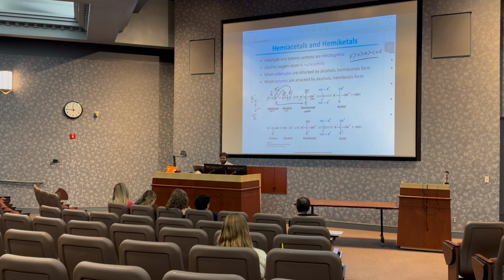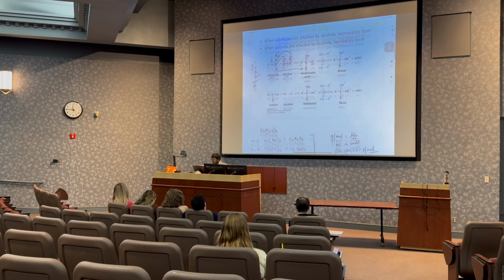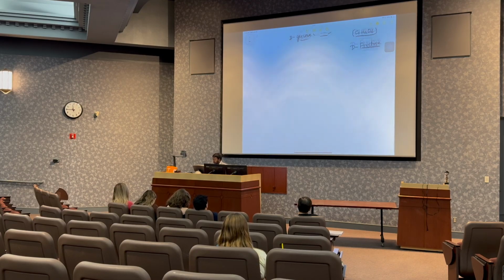Can you draw this structure from this reaction? It's easy. I'll draw one more time on a blank page so that you can understand easily. So if you have RC double bond O with hydrogen, and you have two ROH, which is alcohol.